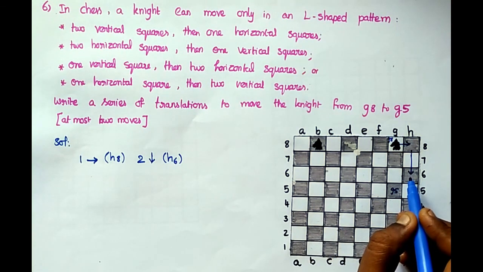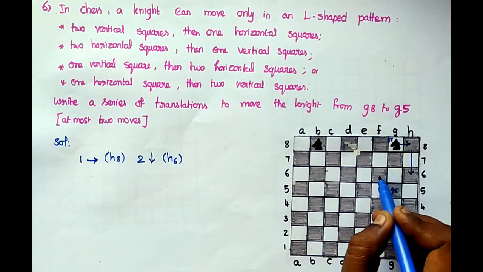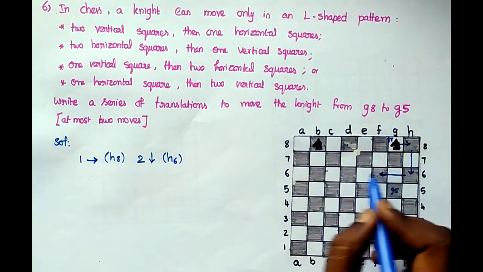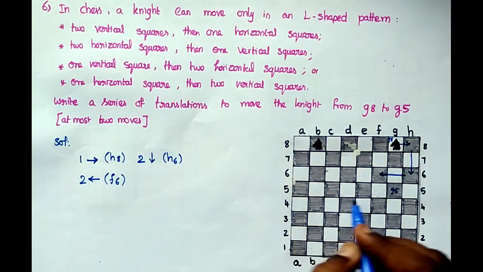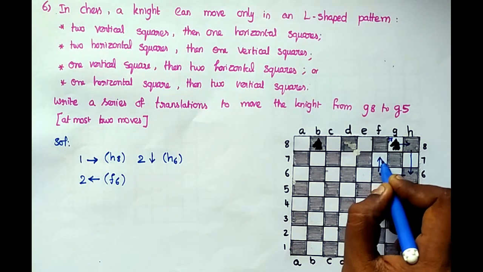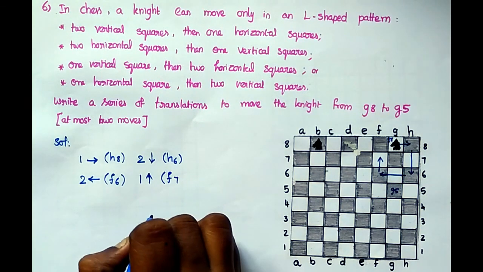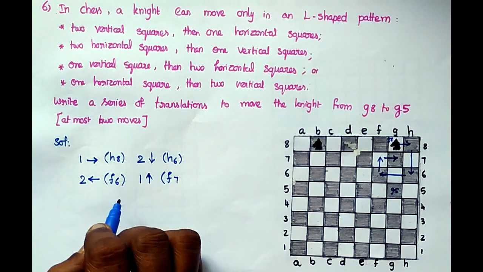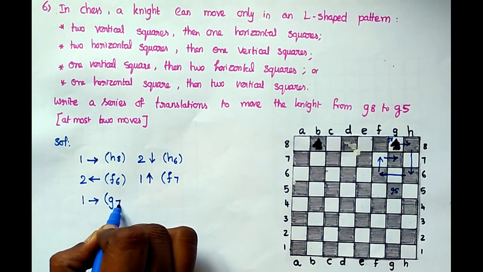From here, listen, two moves left side, that is F6. And then one move upward, that is F7. From here, listen, one move right side, that is G7.